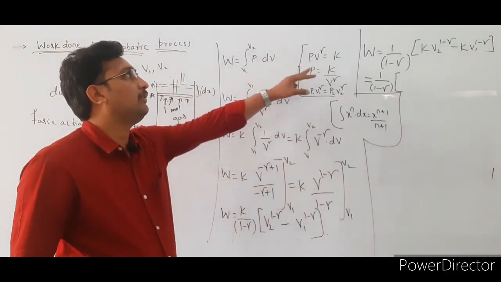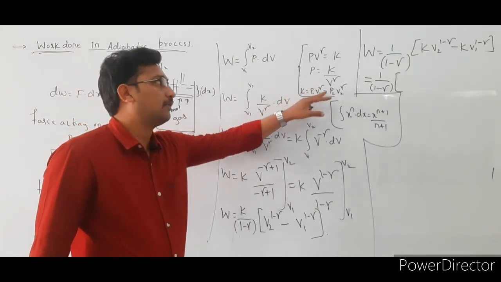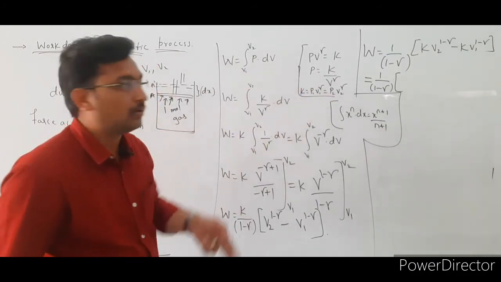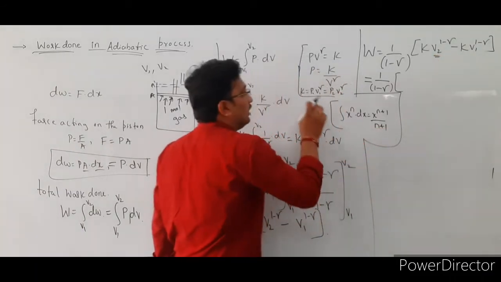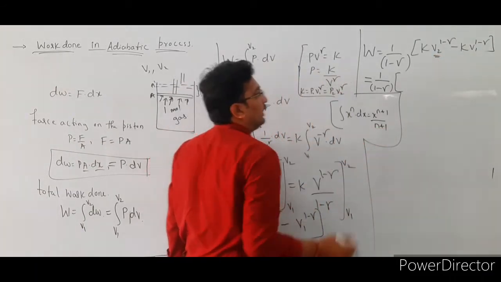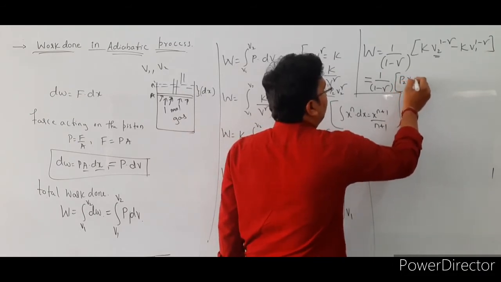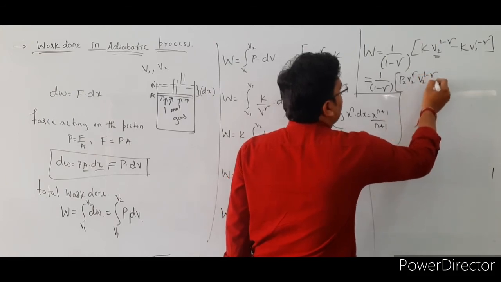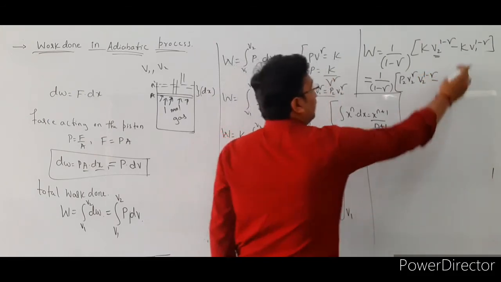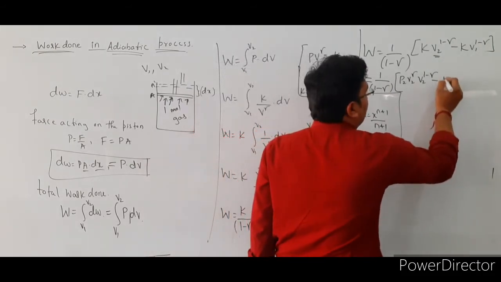Here V2 is there, substitute the K value as P2 V2 to the power of gamma, times V2 to the power of 1 minus gamma, minus. Here V1 is there, then the K value becomes P1 V1 to the power of gamma.